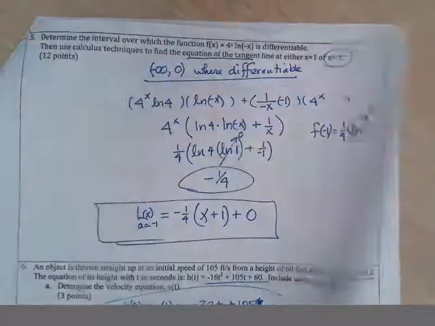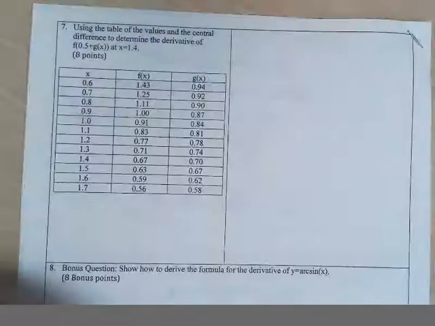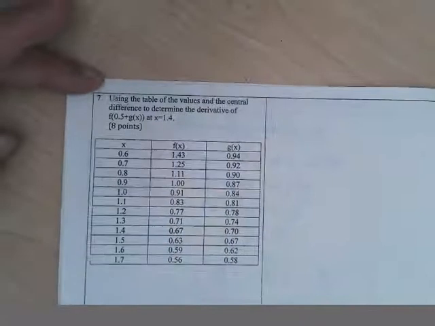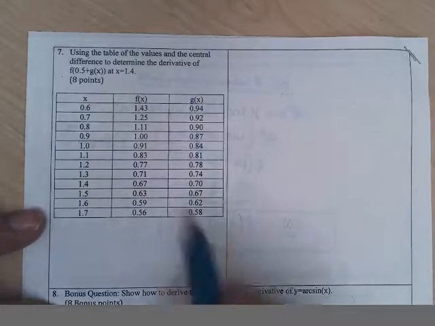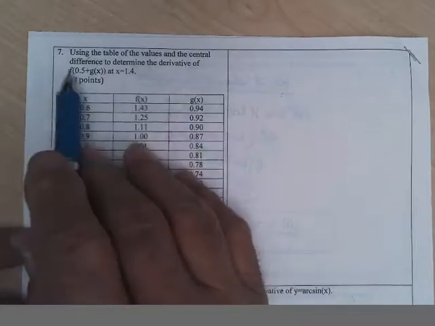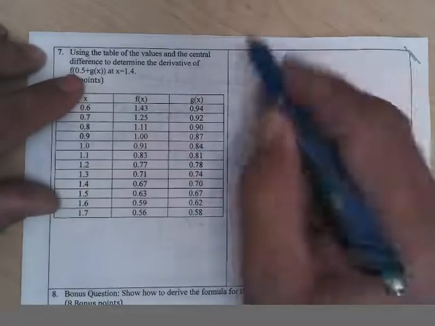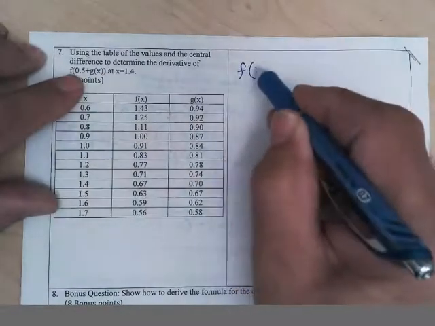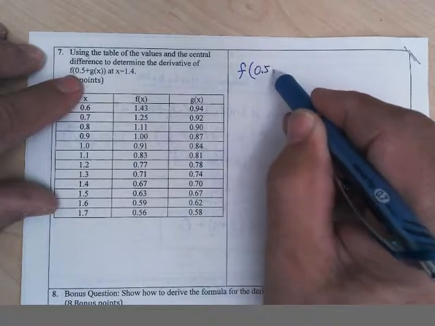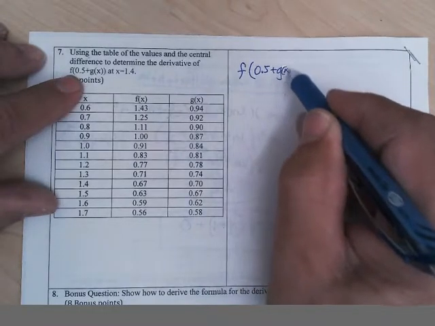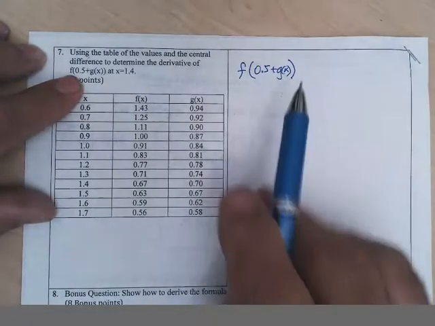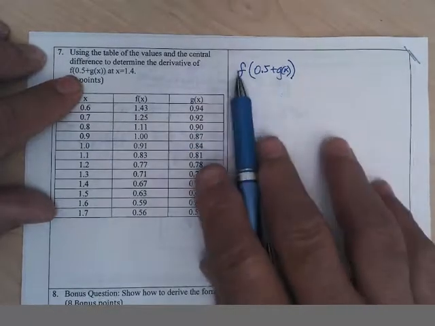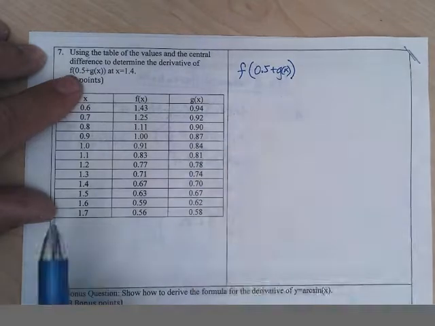All right, on the back page. It says, using the table of values and the central difference theorem, determine the derivative of f of 0.5 plus g of x at x equals 1.4. So we've got to find the derivative. We have stuff inside of a function, so we have to use the chain rule.